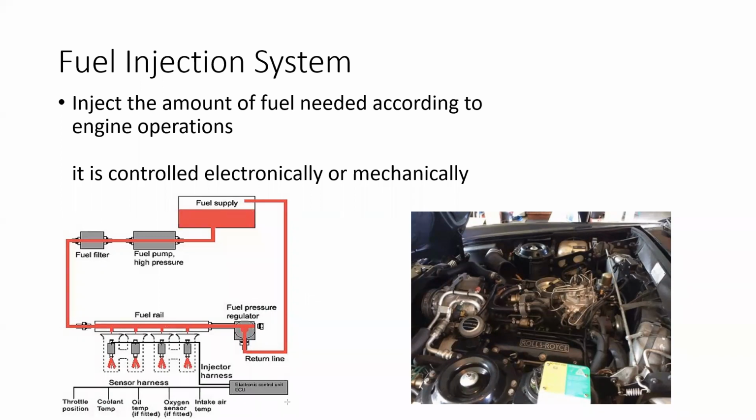Also, if the engine is running at a higher temperature, it provides more fuel into the system to cool it down. There are some situations like this that we will discuss later on.